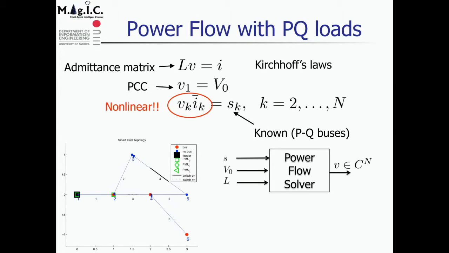This is called the power flow problem. You are given the values for the loads, the nominal voltage, and the Laplacian, that is the topology and impedances of each line, and you want to solve it. At the end of the day, you get this n-dimensional complex vector that represents the phasors of the system.